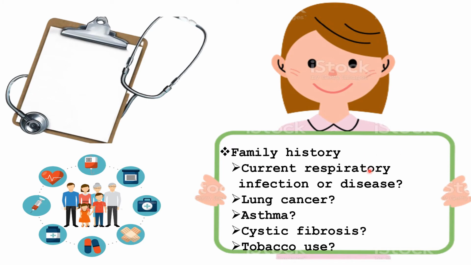For the family history, you can check for current respiratory infection or disease. For example, is there anyone with COVID in the family, or was there exposure to a COVID patient? Also lung cancer, asthma, cystic fibrosis, and tobacco use.